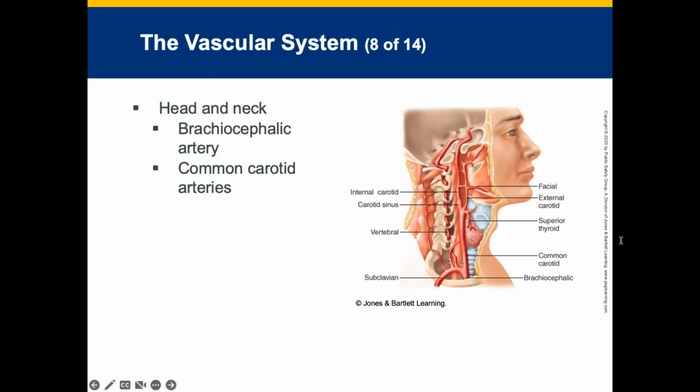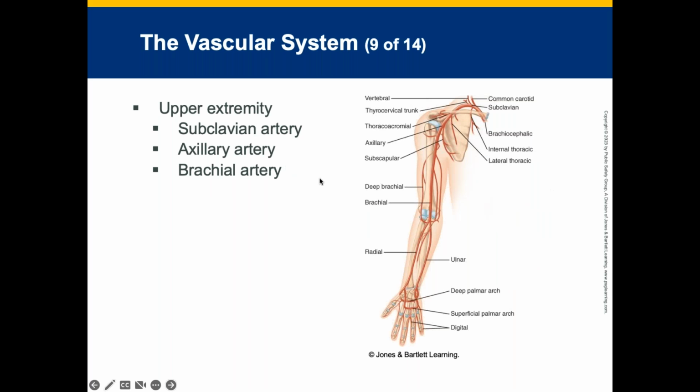A bifurcation is where one branches into two. You'll see bifurcations even if you look at hand veins and everything else. Looking at the upper extremity, you have the subclavian artery, axillary artery, and brachial arteries coming down through. You guys should already know most of those from BLS.